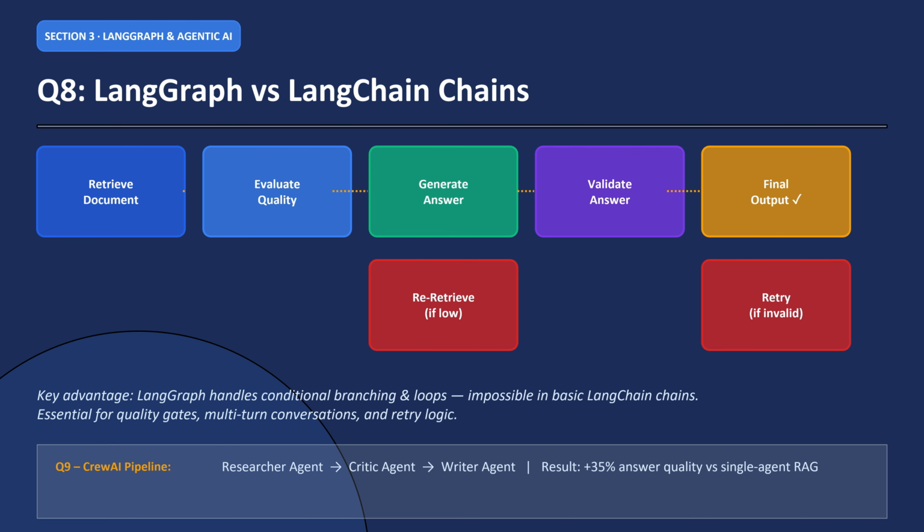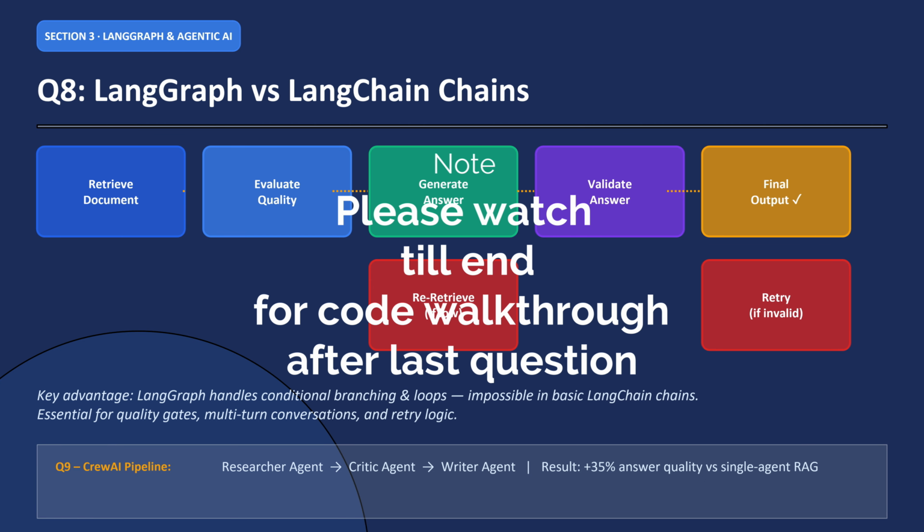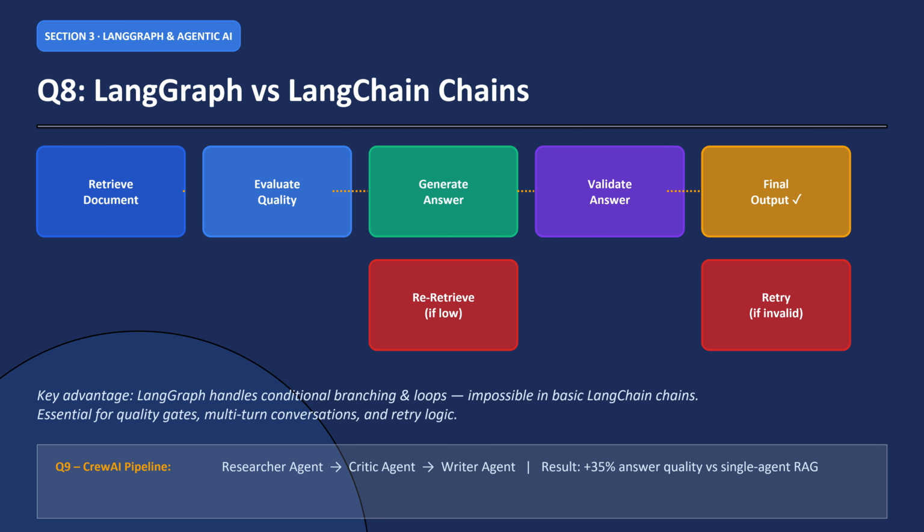We are in section 3, LangGraph and agentic AI. Question 8: What is LangGraph and how does it differ from basic LangChain? Look at the diagram on the right of the slide. LangChain chains are linear.